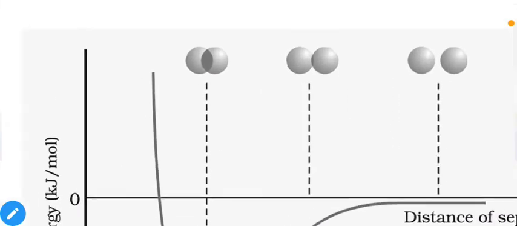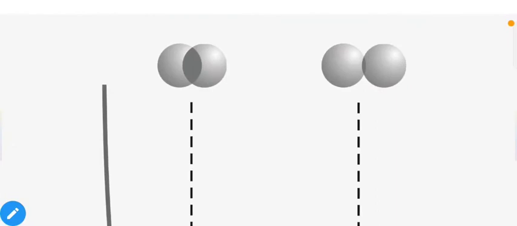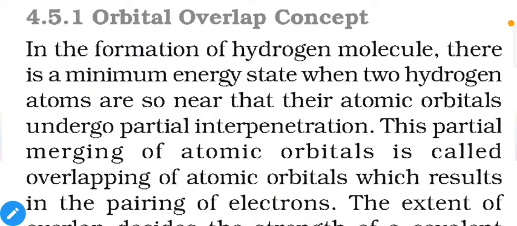Now let us discuss how this type of orbital overlapping occurs. So the next point, the orbital overlap concept. In the formation of the hydrogen molecule, there is a minimum energy state where two hydrogen atoms are so near that their atomic orbitals undergo partial interpenetration. That means they are mixed with each other up to some extent.